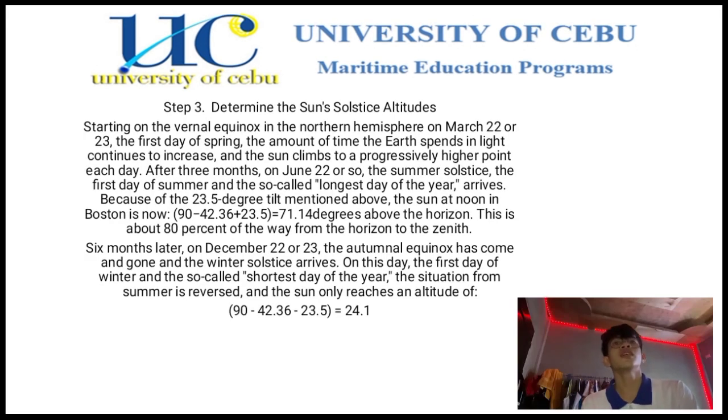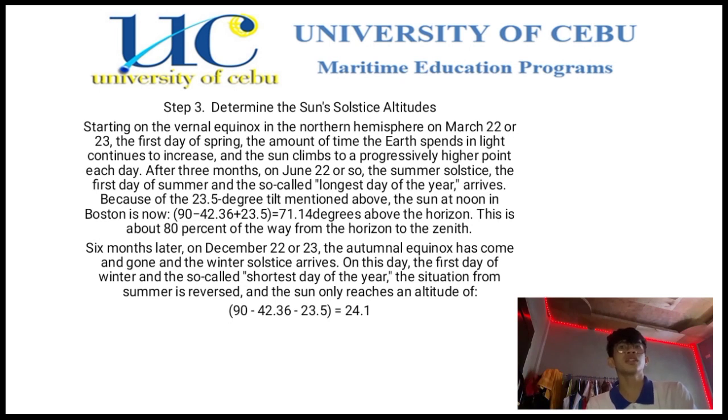Step 3: determine the sun's solstice altitude. Starting on the vernal equinox in the northern hemisphere on March 22 or 23, the first day of spring, the amount of time the Earth spends in light continues to increase and the sun climbs to a progressively higher point each day. After 3 months, on June 22 or so, the summer solstice, the first day of summer and the so-called longest day of the year, arrives.